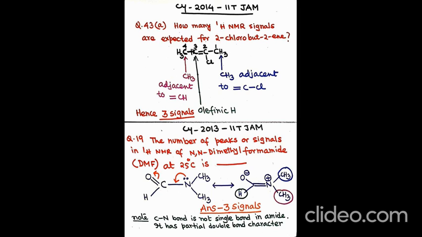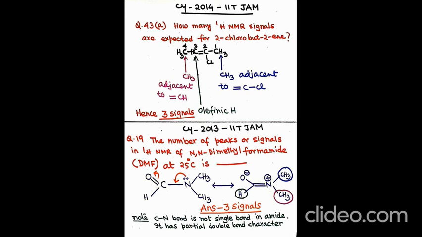So these 2 methyl groups will give one signal and the CHO hydrogen will give one signal. So in total at 25 degrees centigrade, at room temperature, N,N-dimethyl formamide is supposed to give two signals, but this is wrong. Unless we apply the concept of CN restricted rotation, the correct answer for this compound will not come.